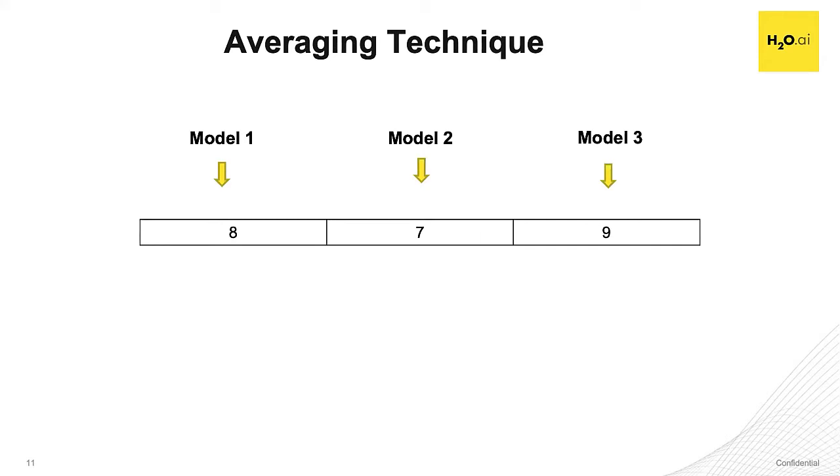For instance, in a regression problem, say model 1 predicts 8, maybe some forecast. Model 2 for the same data point predicts 7, and model 3 predicts 9. So we'll take an average of all these 3 predictions, and 8 will be the final prediction of your final model.